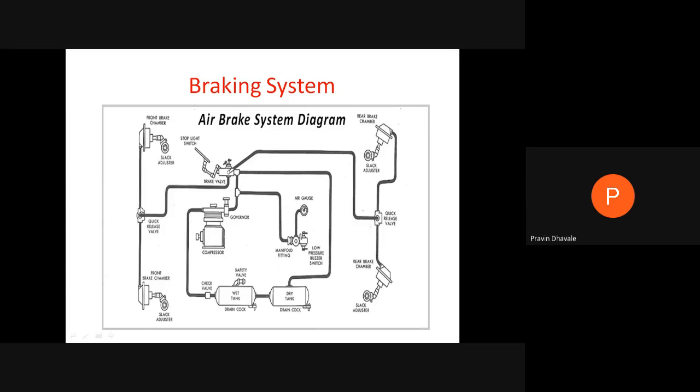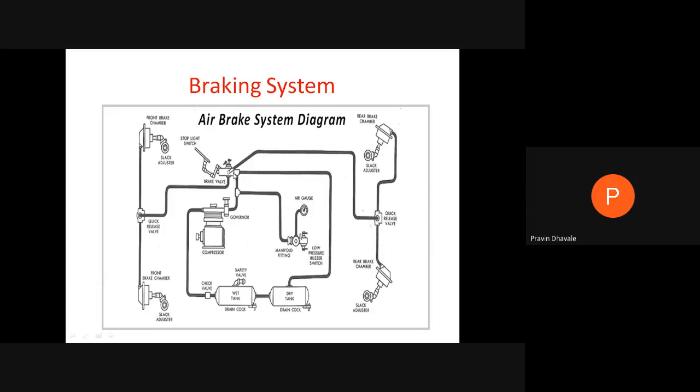When this air comes to the front wheel side, in the front brake chamber it will apply pressure on the brake pad. So the brake will be applied on the wheel of the truck. The same operation is carried out at the rear wheel side. If a surplus amount of air is there, then it will be returned to the dry tank.